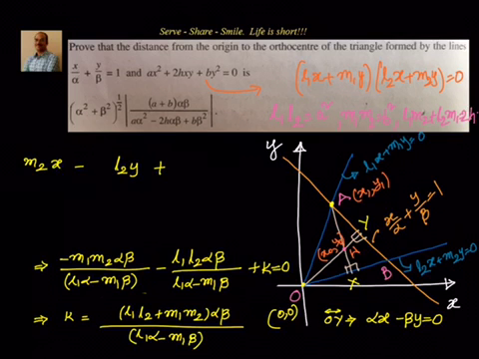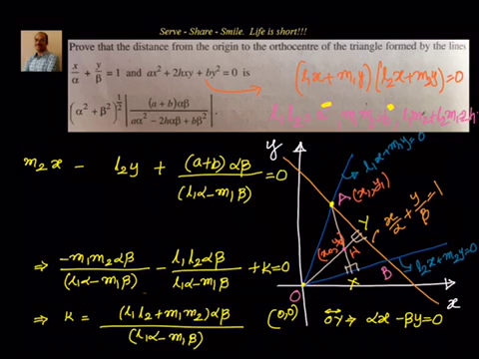L1 L2 plus m1 m2 is nothing but, we know, that is a plus b, that is a and b, my mistake. You compare them, it's a and b. So can I write down a plus b into alpha beta divided by L1 alpha minus M1 beta.